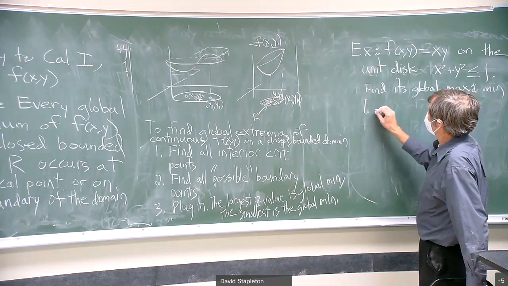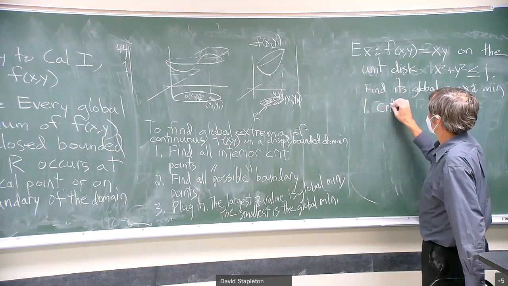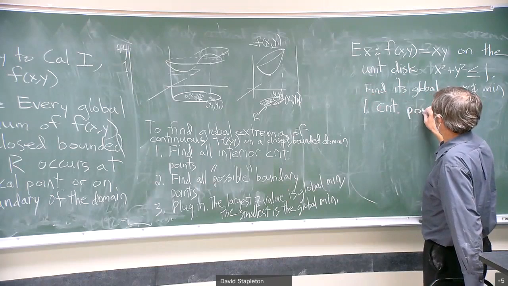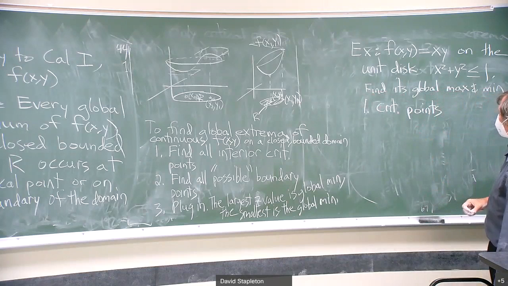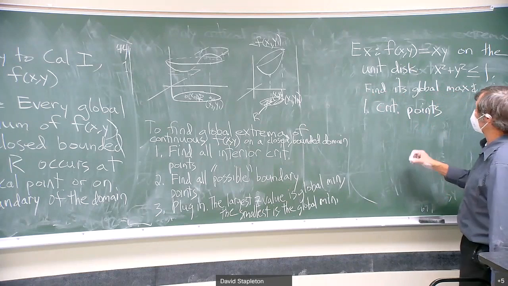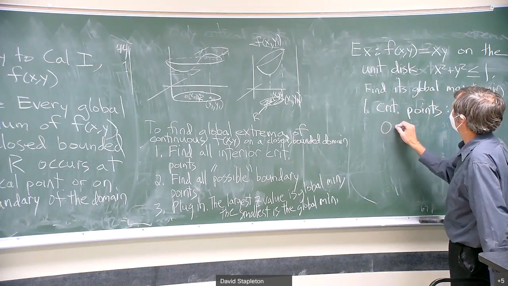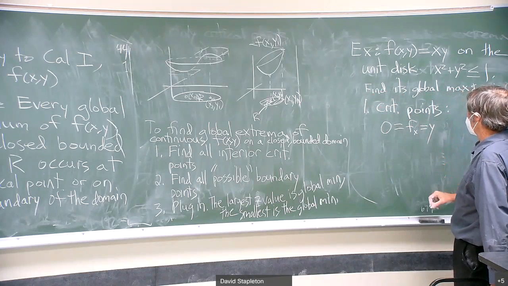So one, what we do is we find the interior critical points. Then we'll check the boundary points and see where that might have max or min along the boundary. Then we'll just plug all the points in. Critical points are where the two partial derivatives are equal to 0, right? So we need 0 equals the partial with respect to x, which is y.